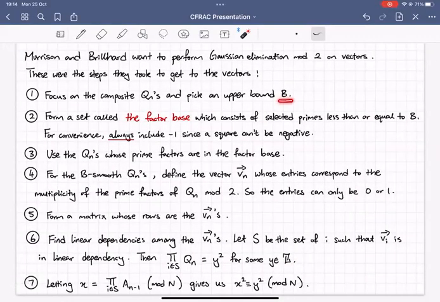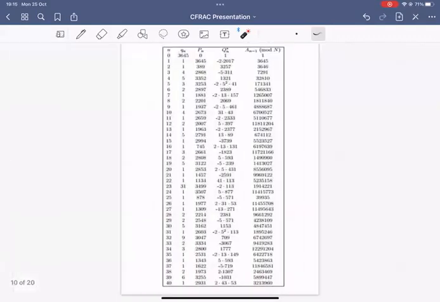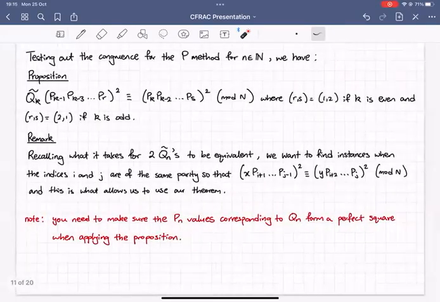You pick an upper bound B, and then you form a set called the factor base. Inside the factor base, it's just going to be prime numbers less than or equal to B. So you want to pick your B sufficiently large. Also, you should always include -1, because there are minus signs in front of each QN with odd indices.